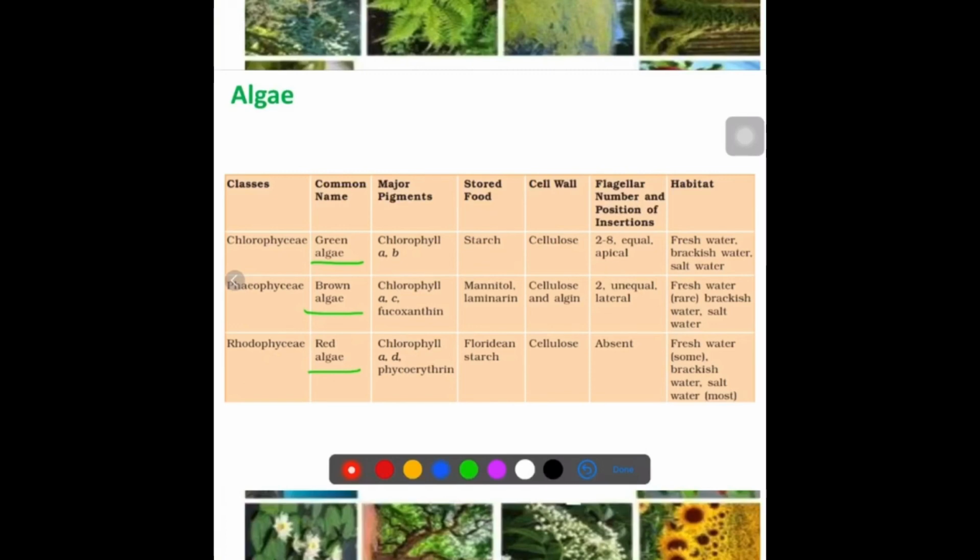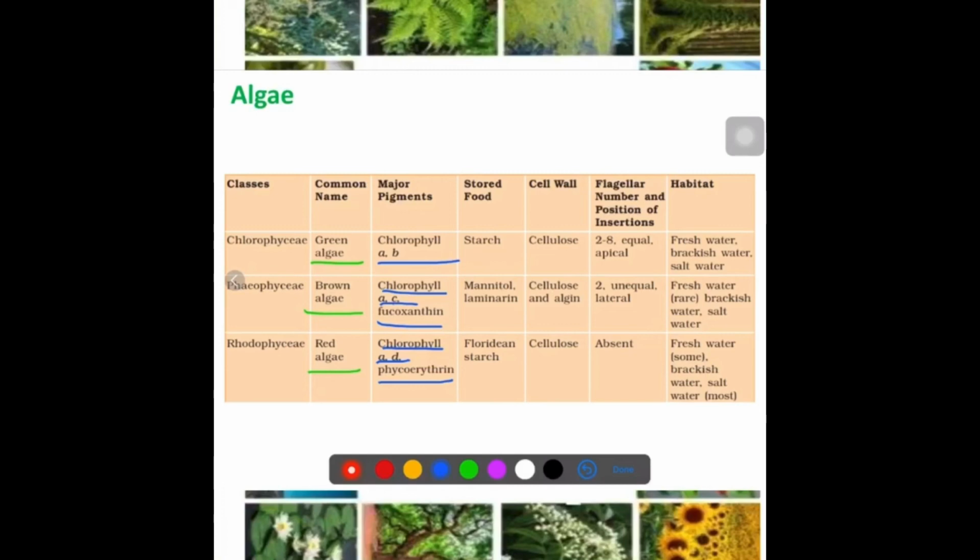In Chlorophyceae, the pigments are chlorophyll a and chlorophyll b. In Phaeophyceae, the pigments are chlorophyll a, chlorophyll c, and fucoxanthin. In Rhodophyceae, the pigments are chlorophyll a, chlorophyll d, and phycoerythrin. Chlorophyll a is present in all because it is the main pigment.